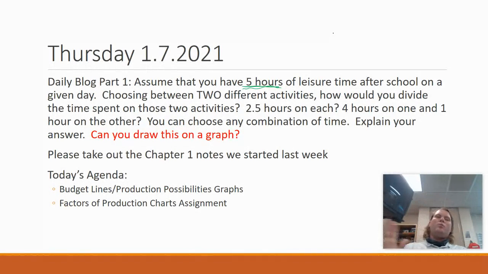Okay, now we're going to make you break it down into 2 options. Okay, so economists like to think they're really smart. They're not as smart as they think. They can only break things down into 2 options. Okay, so I'm asking you to break this down into 2 different options. Okay, and you've only got 5 hours.